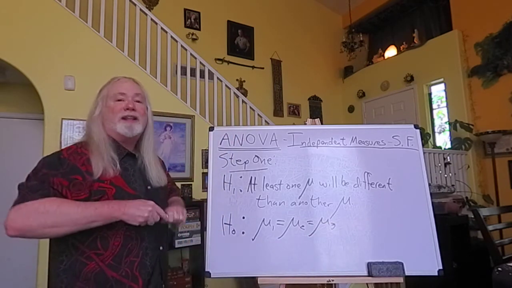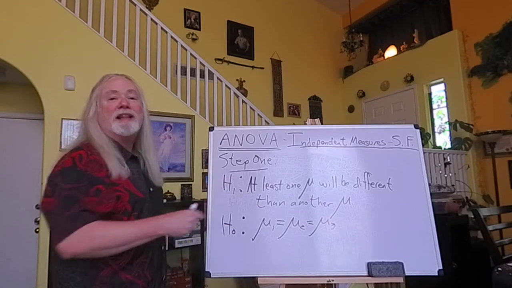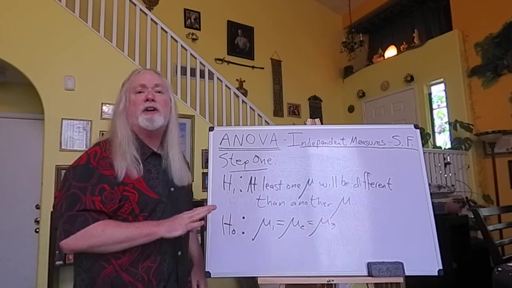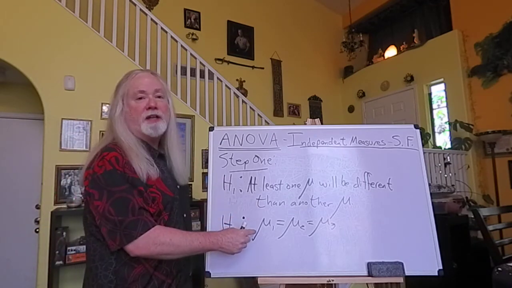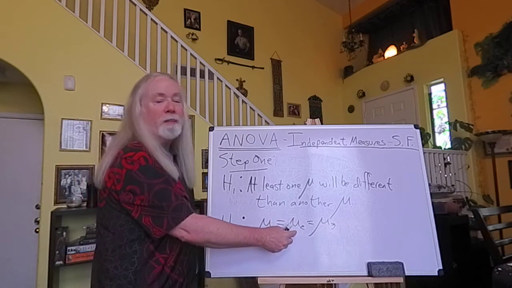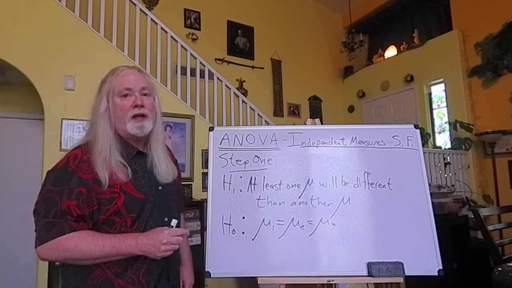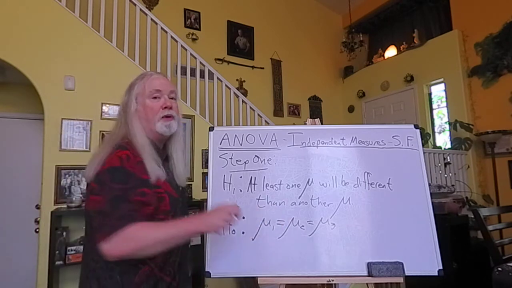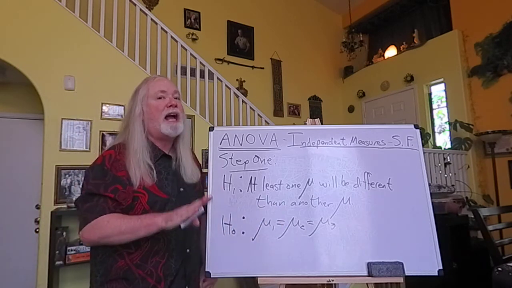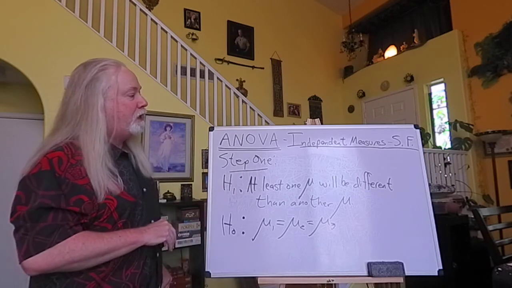So a lot of you have really got the hang of finding those symbols. Type it like that. Or again, translate it all into English. Treated population mean 1 will equal treated population mean 2, which will equal treated population mean 3. That's how we're going to put it, either in the symbols or with that sentence structure. So make sure it's exactly like that to get your full credit.